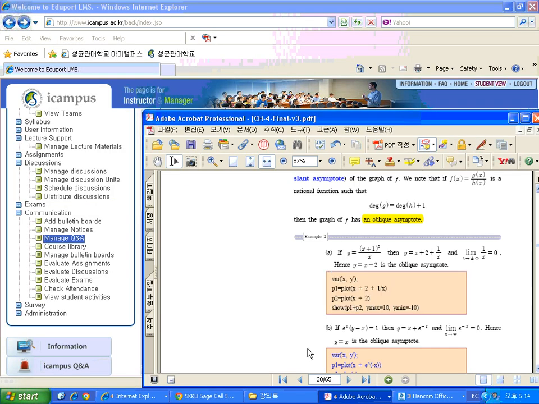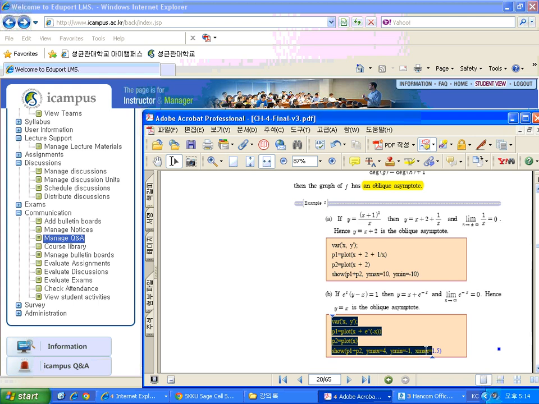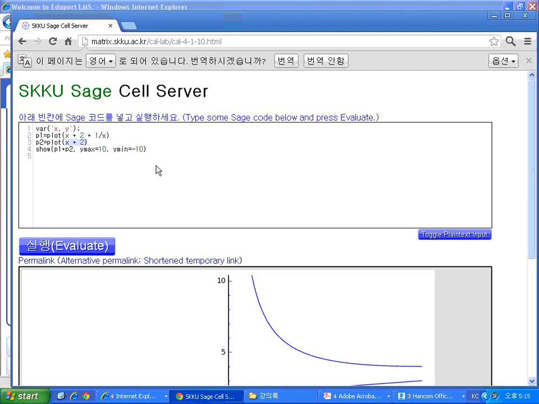Okay, and for the other example like this, for e to the x times y minus x equal to 1, in this case y is equal to x works as the oblique asymptote. Let's draw the graph.